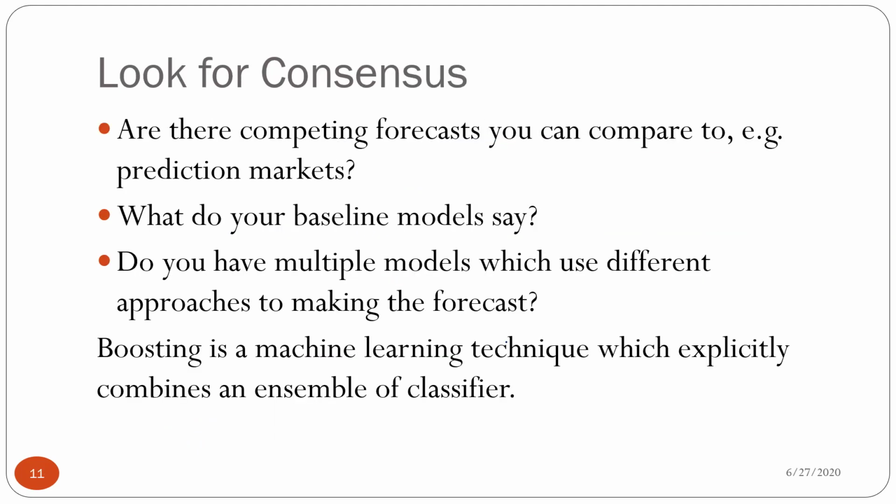Now, the third point is about looking for consensus. So that's again a very interesting suggestion by Nate Silver, and that suggestion says that we should not always be focused on our model. We should also look at the models around us. We should look at the results which are being produced by other people.